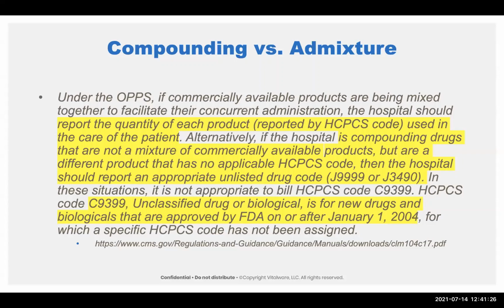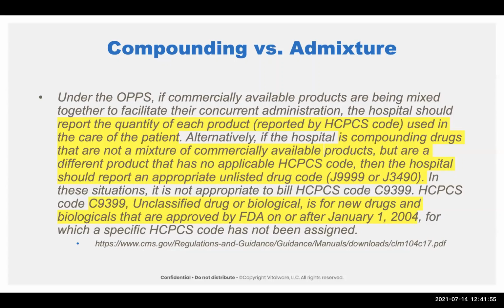If it makes a brand new product, you actually compounded it, then you're using an appropriate unlisted code of J999 or J3490. Notice that these J codes are for compounding. You should not use the C code, which is an unclassified drug or biological, solely reserved for new drugs after 2004.